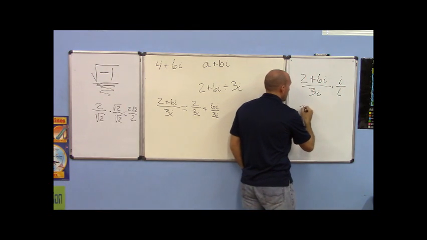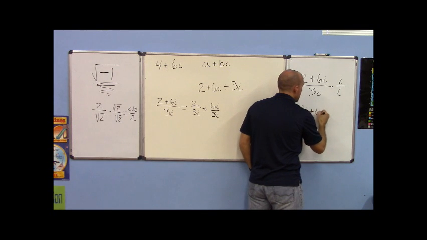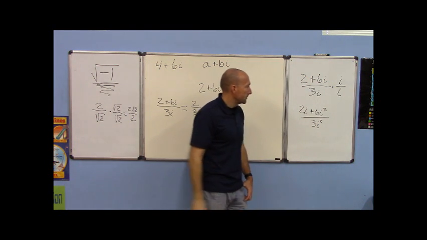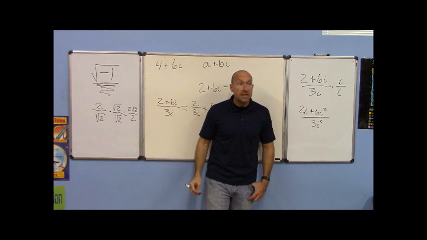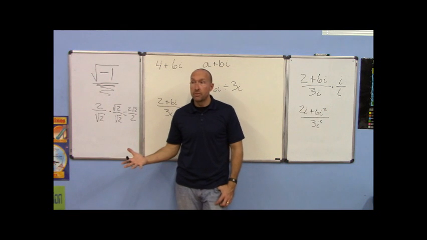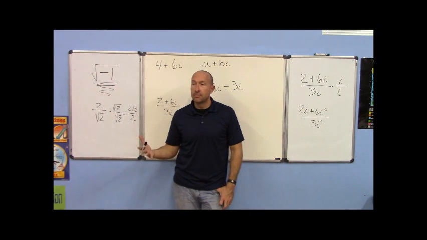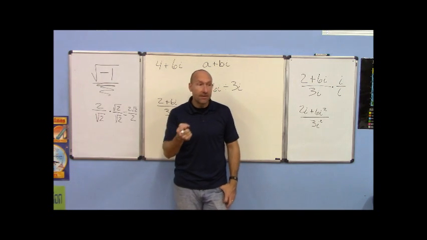So now we have 2i plus 6i squared over 3i squared. Now, what is i squared equal to? How many of y'all know without looking back to page 317? -1, very good.